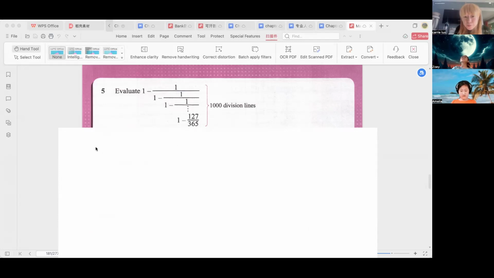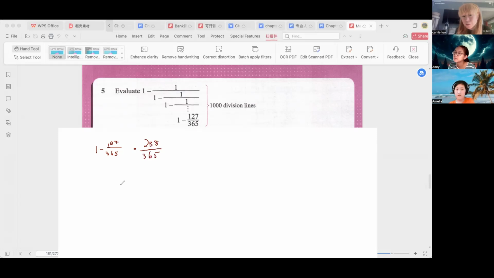Okay, so let's take a look at this one. The first layer, 1 minus 127 over 365, right? So equals what? Please calculate how much it equals. 238 over 365, right?